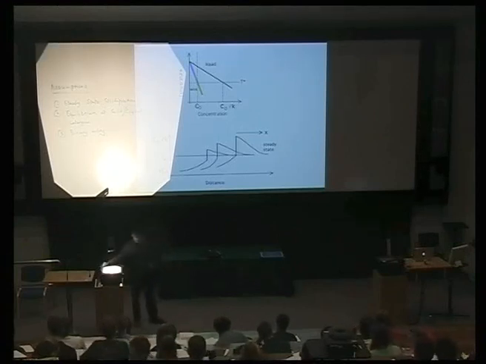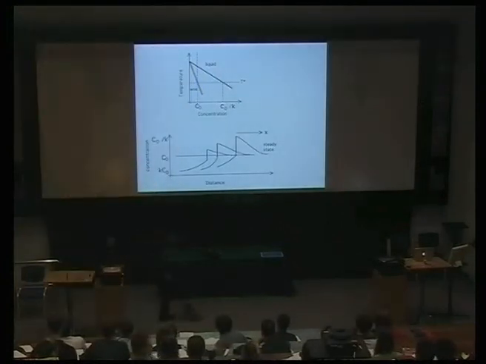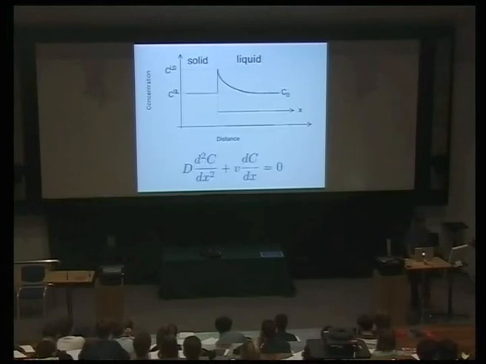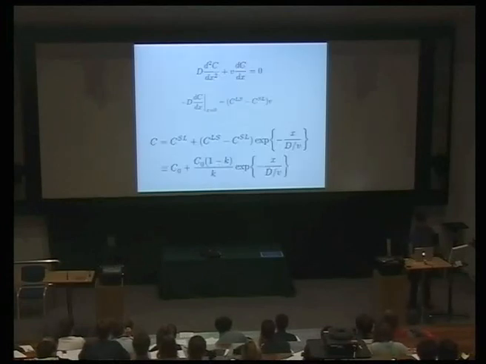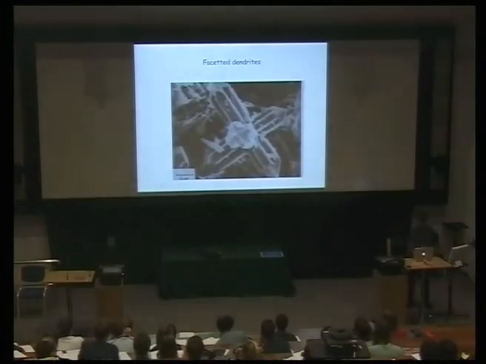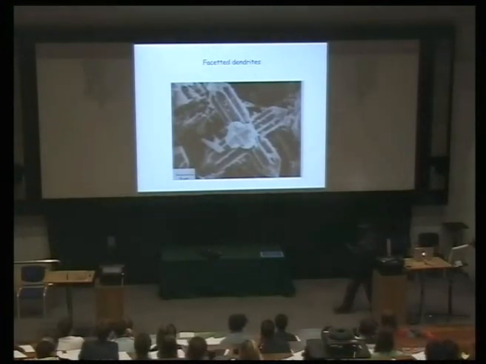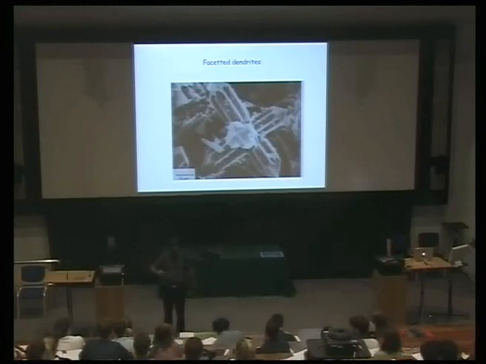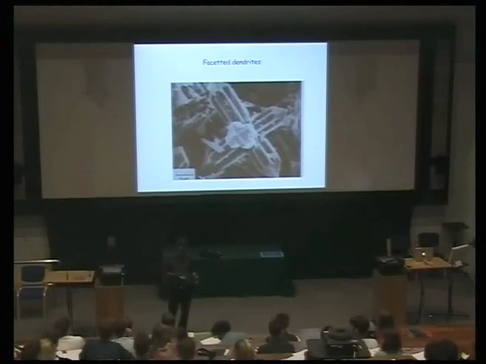Now, there's one more slide that I want to show you. And that is, you know, when I draw pictures of dendrites and when I showed you the pictures of ice and so forth, the interfaces of the dendrite looked very smooth. Okay? But crystallography also comes into play. This is a dendrite of niobium carbide.